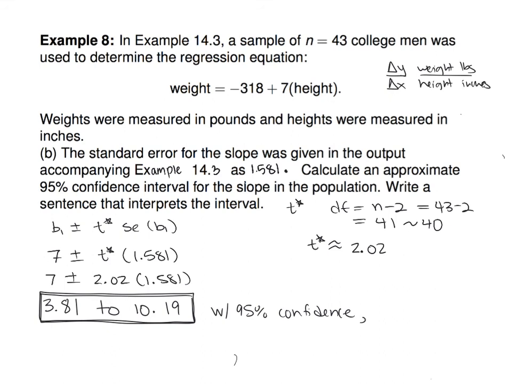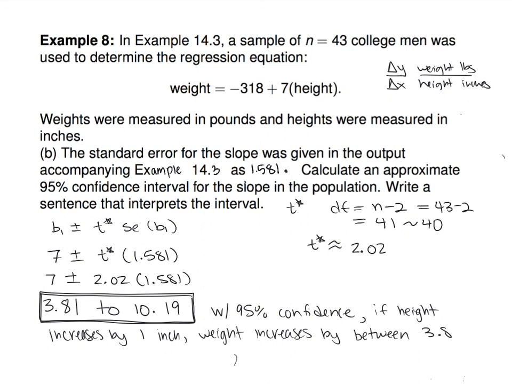So with 95% confidence, if height increases 1 inch, weight increases by between 3.81 pounds and 10.19 pounds.